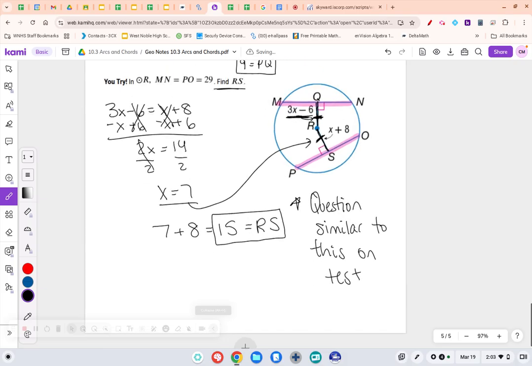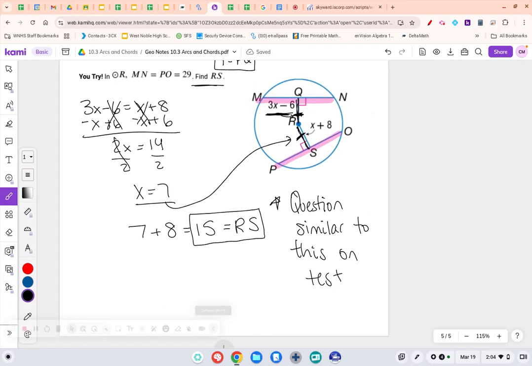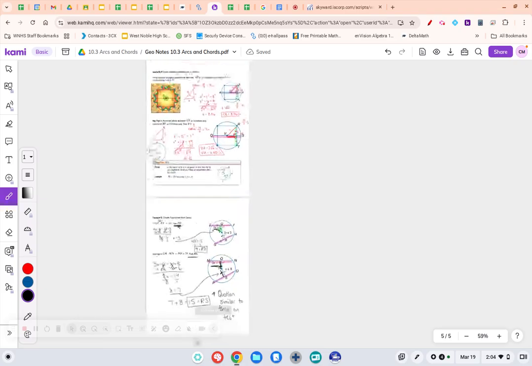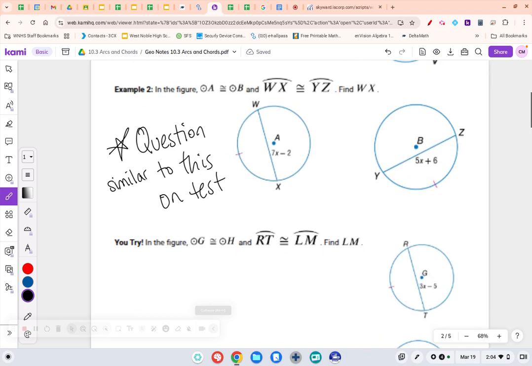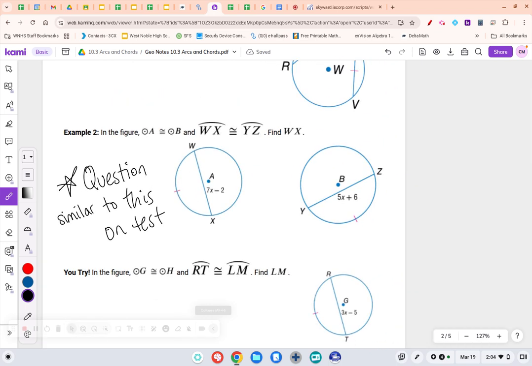Now, hopefully you realize I put a little star here. There is a question similar to this on your test. It's not exactly the same, but it is similar. It does solve the same, okay? Now, the one on your test only asks you to solve for x. You won't have to plug it back in. Also, I skipped it, but up here on example 2, there is a question similar to this as well.